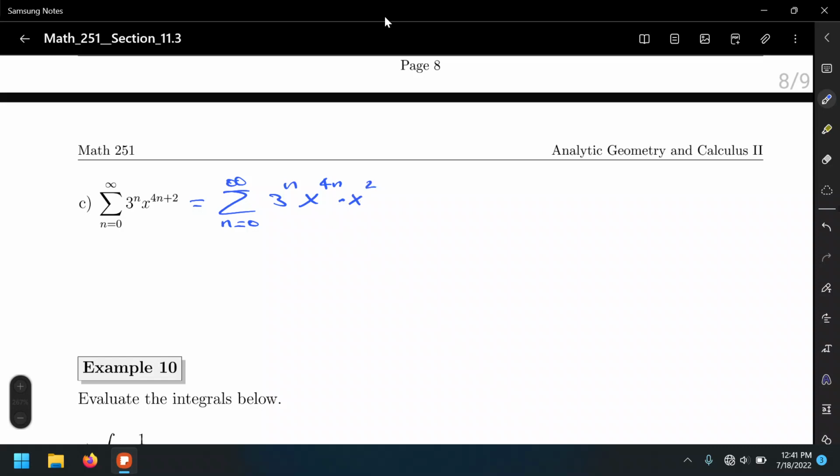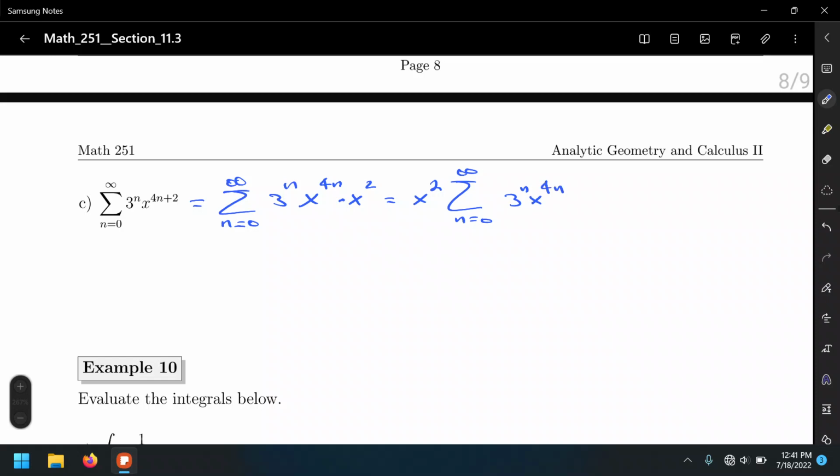And of course, keep in mind that our power series are usually in terms of n and not in terms of x. So I'm going to take this x squared outside of the sigma, and I'm going to leave together 3 to the n x to the 4n.